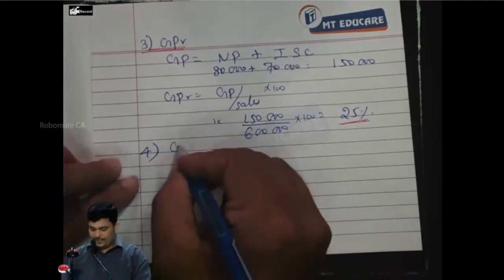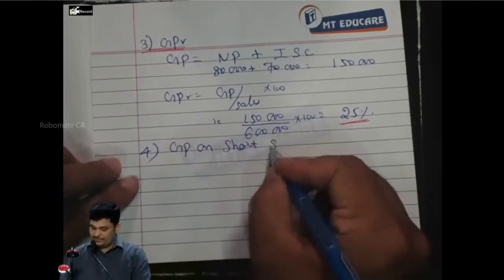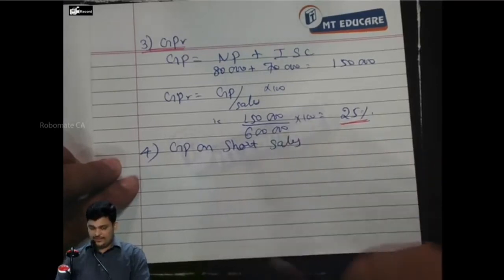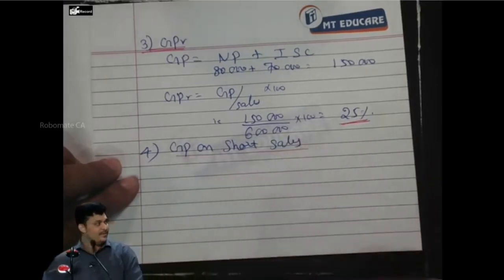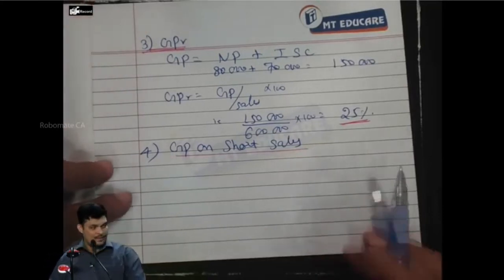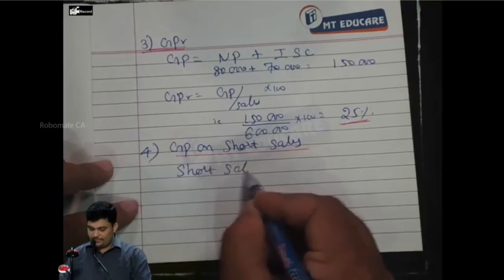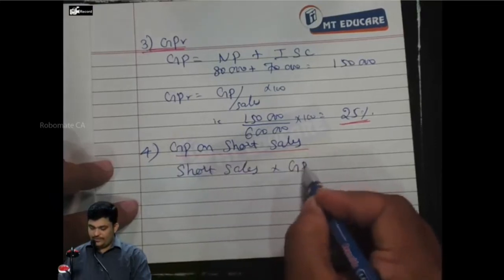Okay. GP on short sales. GP on short sales will be short sales into gross profit ratio.